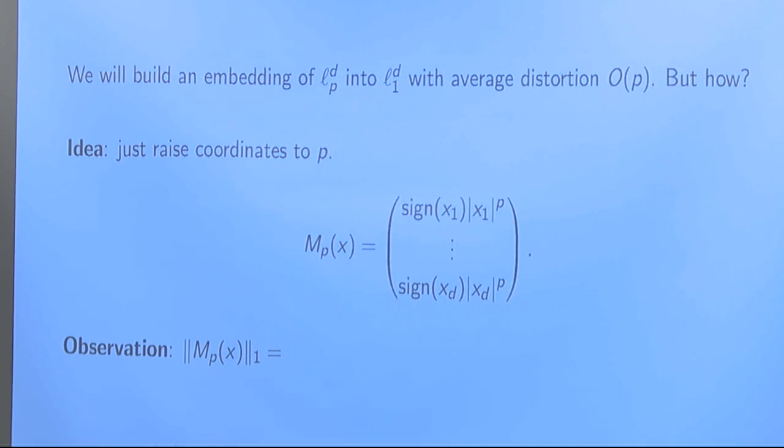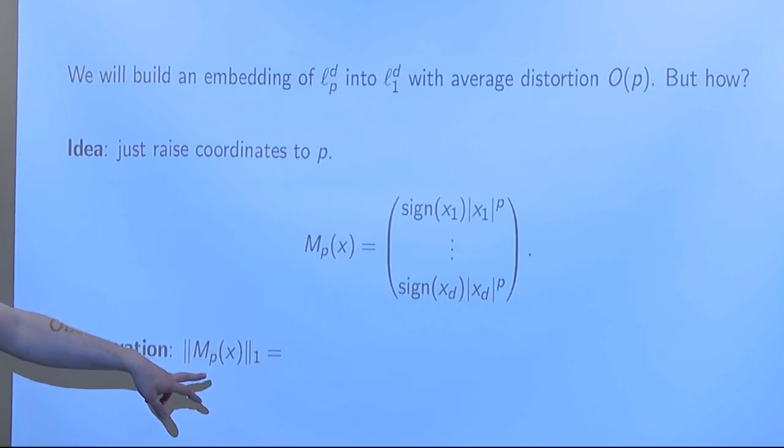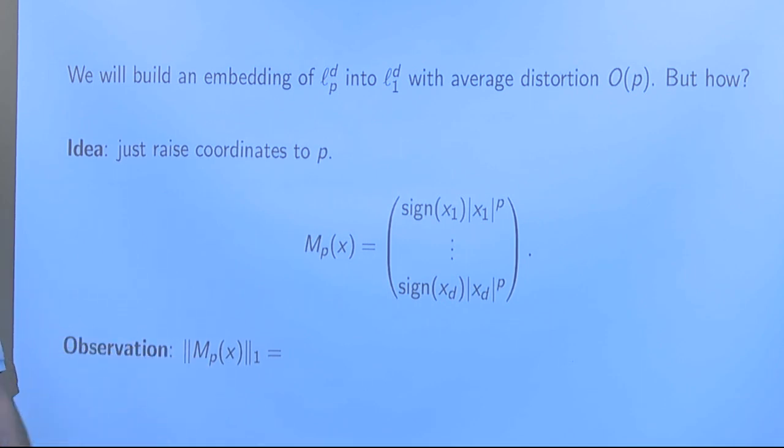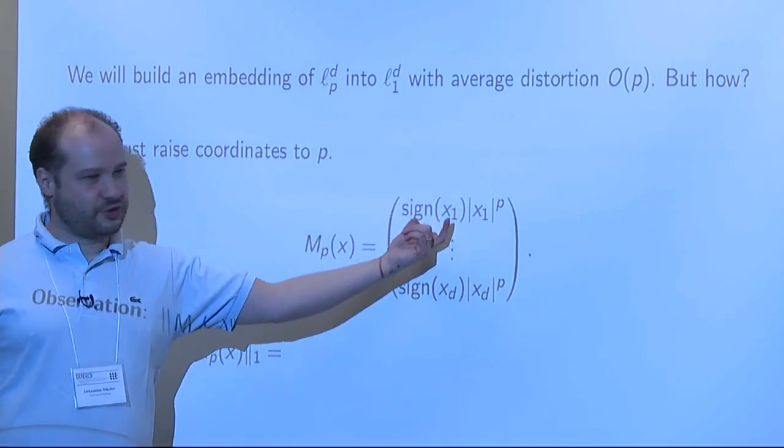One thing that's nice about it is, think of it as a map from LP to L1. So what is the norm of this map applied to some x? Good. So what is the L1 norm of M_P of x? It's the P norm to the power of P. If I compute the L1 norm of this, I'll take absolute values, so these signs drop off.